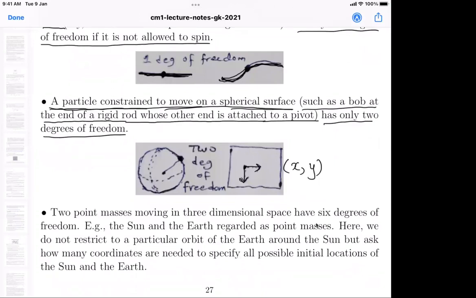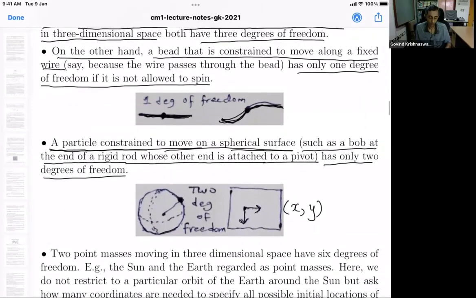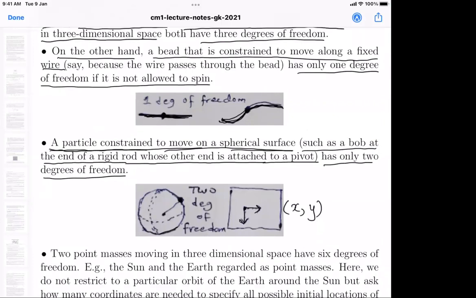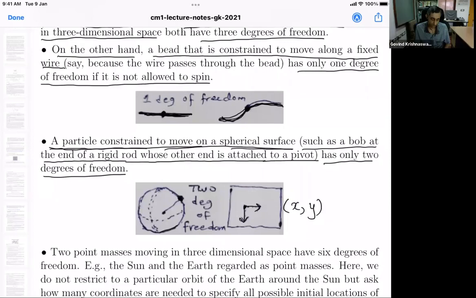Sir, why 1 degree of freedom for that bead on the curved trajectory? Okay, let's suppose that we designate one end of the wire as the origin, for our convenience, and we define a coordinate which is the arc length along the wire.